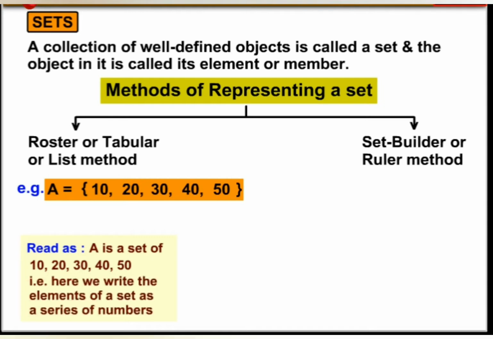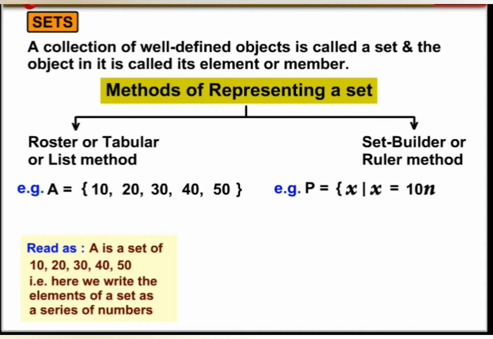That is, here we write the elements of a set as a series of numbers. The example of set builder method, P = {x | x = 10n, n ∈ N, that is natural numbers, n ≤ 5}.